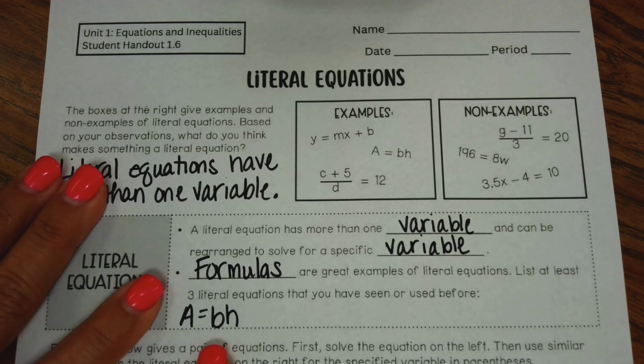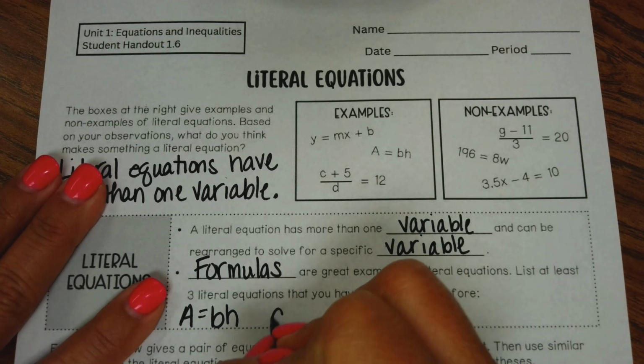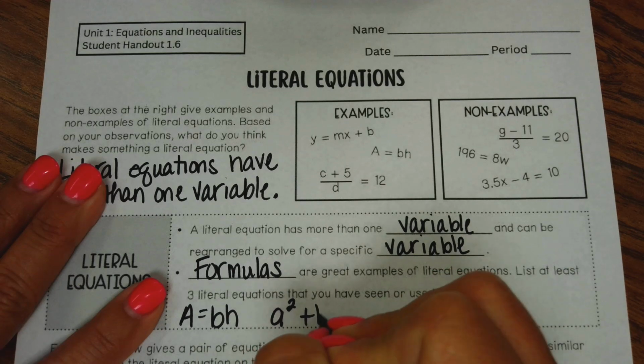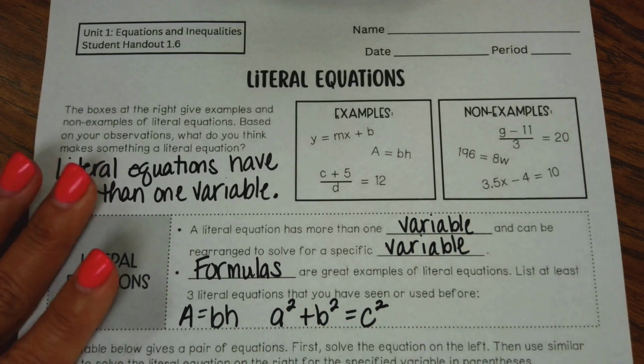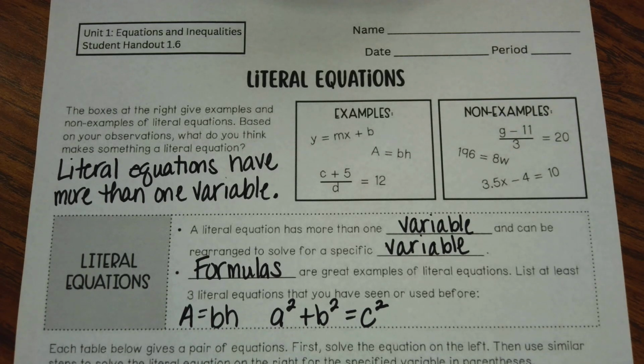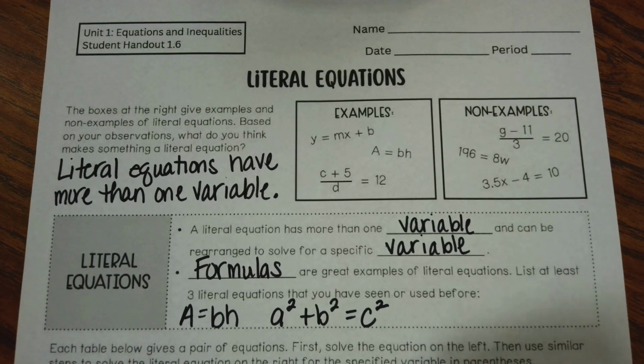Okay, another one that you learned in 8th grade would be like a squared plus b squared equals c squared. Okay, that is another formula that you should be familiar with. And then let's do like a perimeter. How about a perimeter of a rectangle?